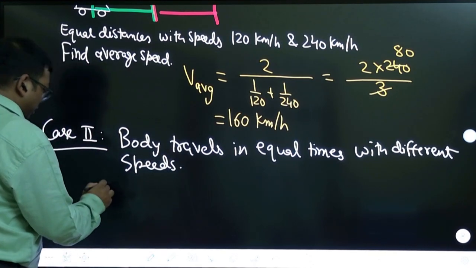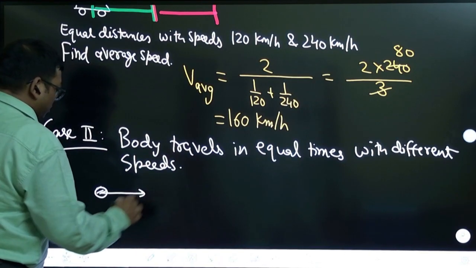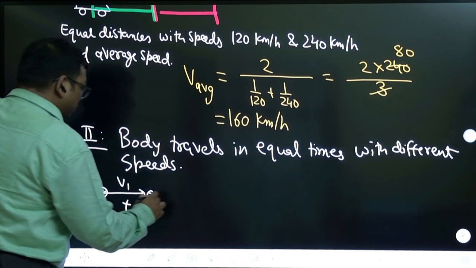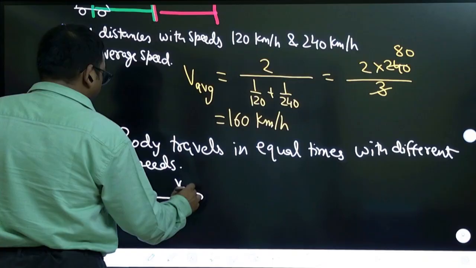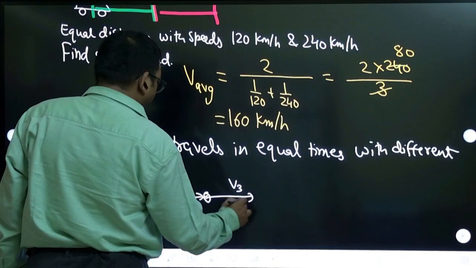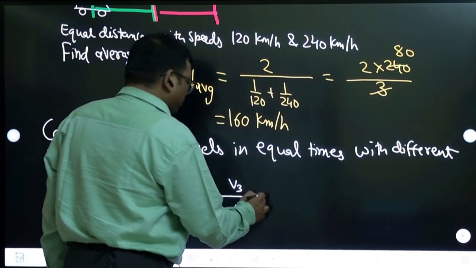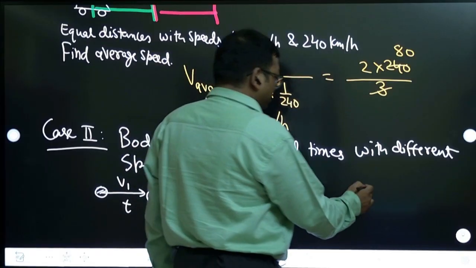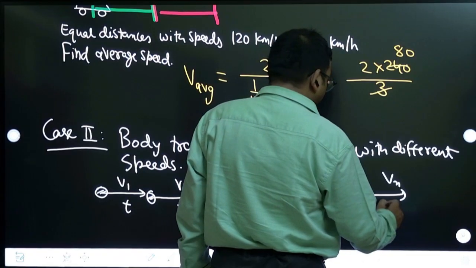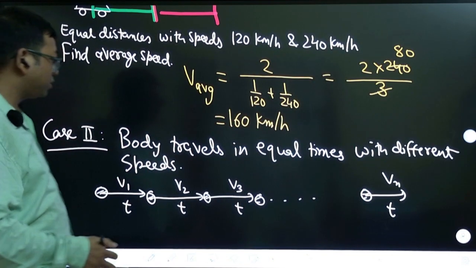So here also same thing. Body is traveling first with a speed v1 in time t. Next it is traveling with the speed v2 with time t. Next it is traveling v3 with time t. Like that it will continue. I am taking another, the last one, general, vn with time t. So there are n number of motions.